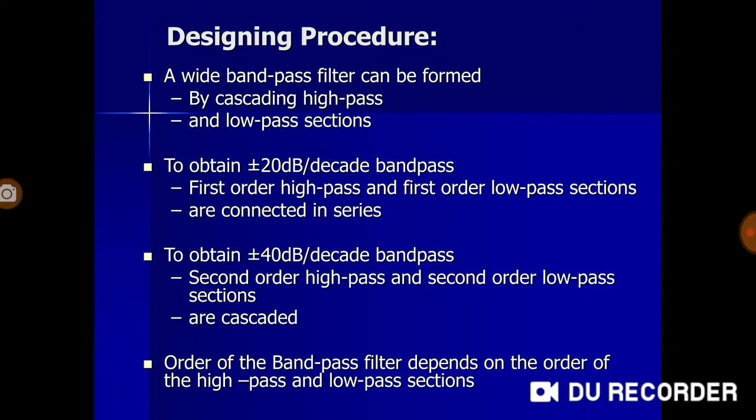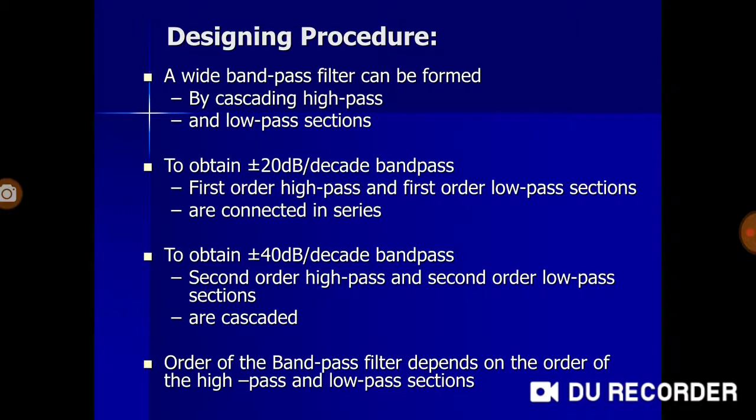Now we go and look into the designing procedure, because we have talked about designing low pass and high pass filters, the Butterworth filters, first order and second order, for both cases. Now we go about designing the wide band pass filter. The first thing is, it is based on two cutoff frequencies FH and FL, so it is basically a combination of low pass and high pass filters.